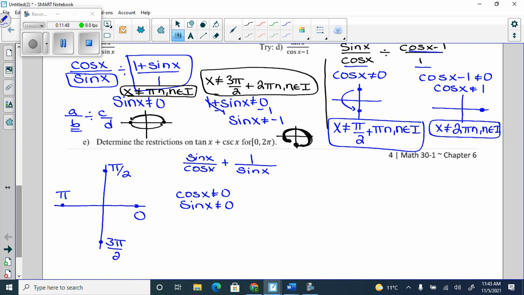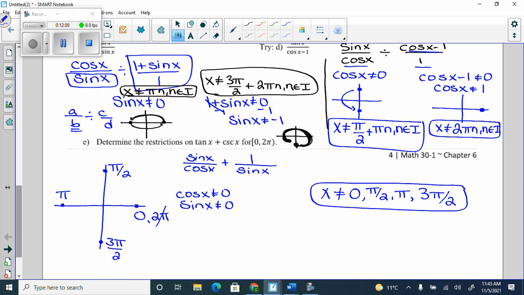I can state 2 pi here and then go, nope, because it can't equal it, correct? So my non-permissible values would be x can't equal 0, pi over 2, pi, 3 pi over 2. That's it. If it equaled any of those, my denominators would turn to 0, which would cause my calculator to yell at me. I'd be like, no, not happening. Error.